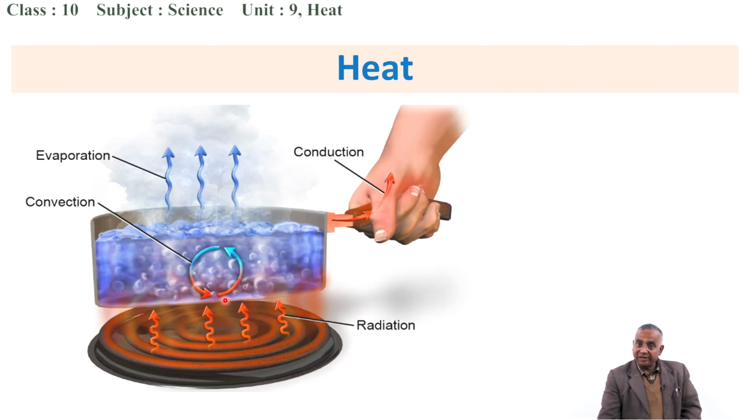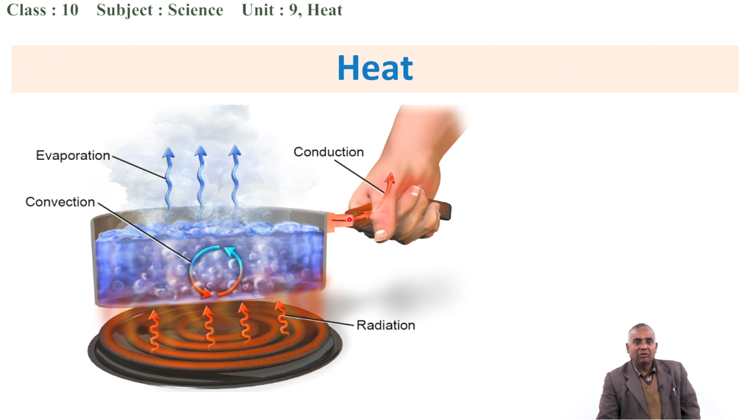This diagram was already used, a similar diagram was used, and at that time I told you don't care about radiation, conduction, convection, these processes. Yes. So here you have to now concern with them. Here radiation is a way of transmitting the total kinetic energy from this hot plate to surrounding.